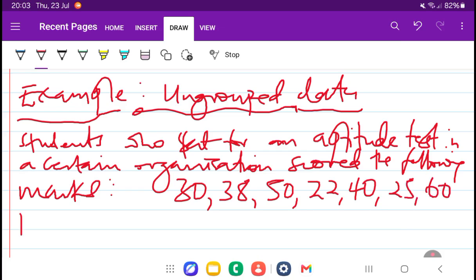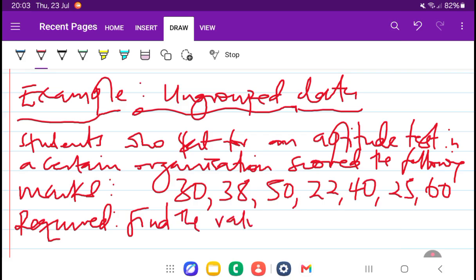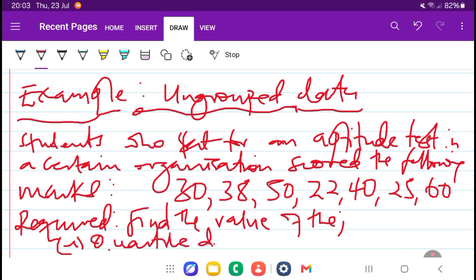Then the required is to find the value of part A, the quartile deviation, then part B, the quartile coefficient.